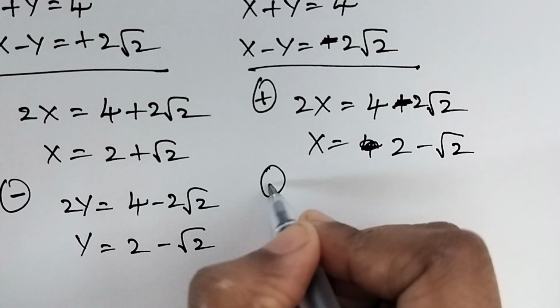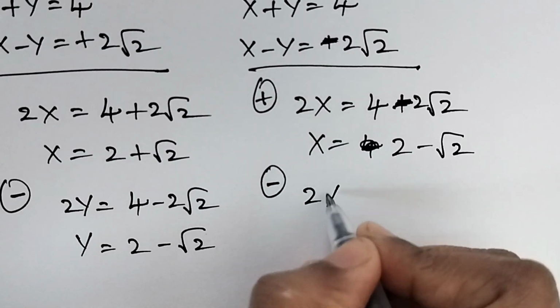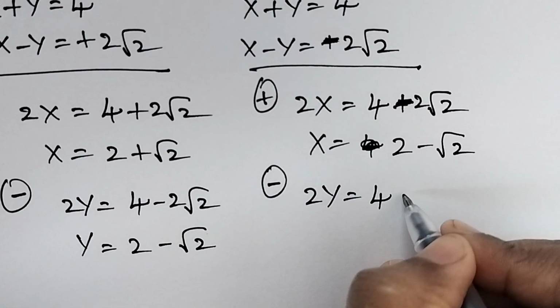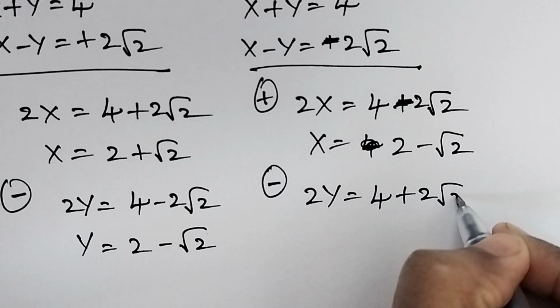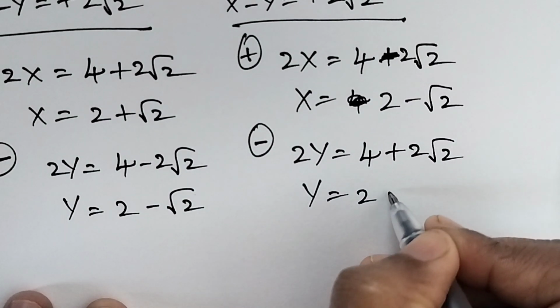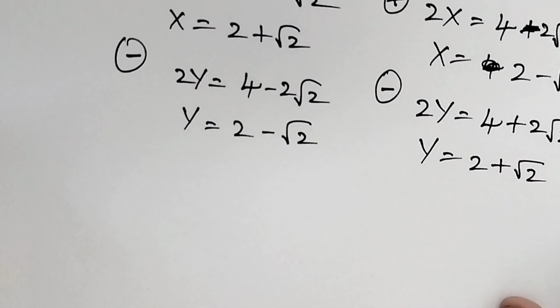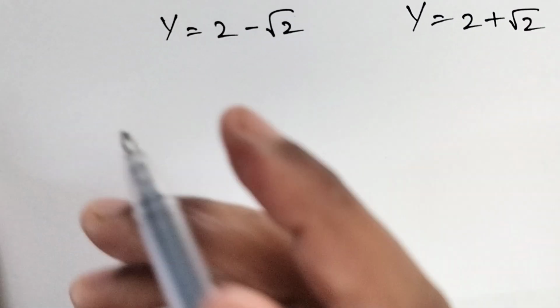If we subtract, we'll get 2y is equal to 4 plus 2 square root of 2, so y is equal to 2 plus square root of 2. So these are the 4 solutions.